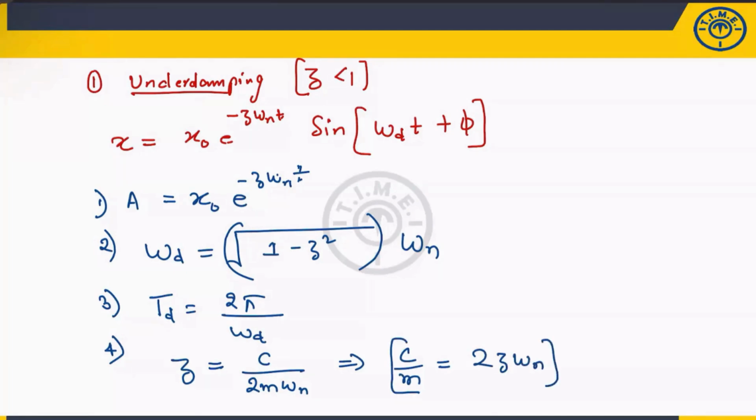And c, if you want to calculate, is 2 square root of km, and can also be written as 2m omega n. Okay. So these five formulas are very, very important for solving the problem. Once you write them down, I will move to the question, how you will calculate the damping constant, the damped natural frequency, or the damping.